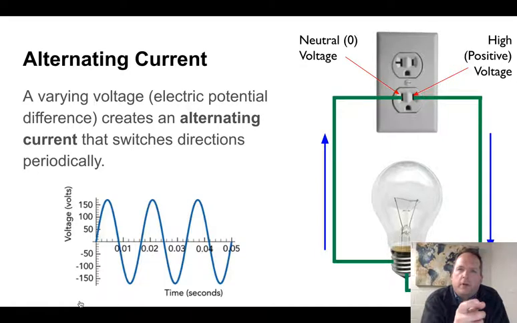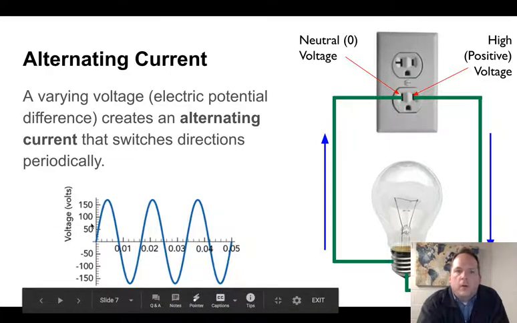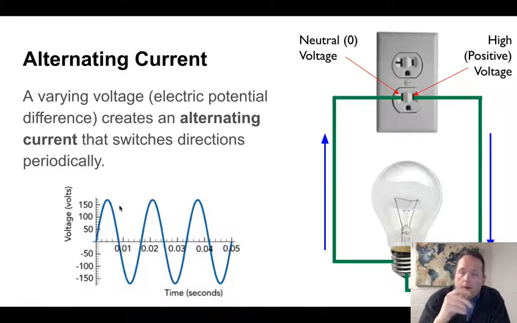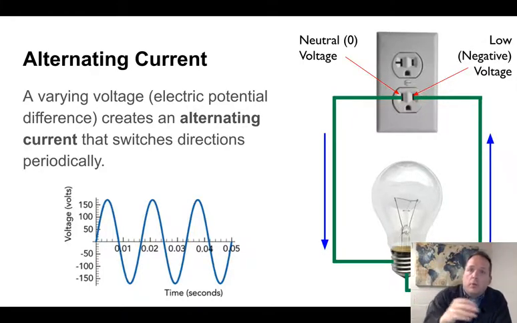So when you have an alternating current, that other side, which sometimes is called the hot side by electricians, is, let's say, for example, starting out at high positive voltage. Well, if that's at high positive voltage, then current is going to be flowing around the circuit in a clockwise direction, and that would correspond to these parts of the graph where my voltage is positive. But a little while later, the voltage would now actually go to being low or negative or beneath the value of the neutral zero voltage terminal.